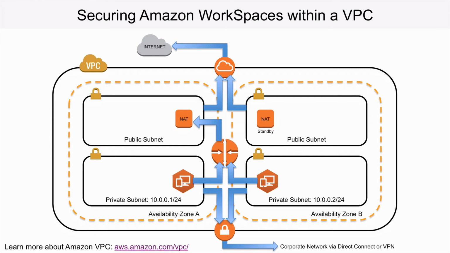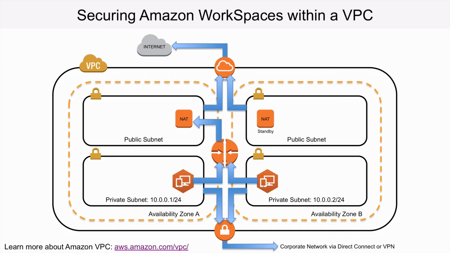The public subnets in this particular example do not contain workspaces and are not where workspaces will be created. They contain network address translation, or NAT instances. And those are able to provide a secure access mechanism for workspaces to access the internet in a controlled manner. And we'll explain how you can do that in a moment.